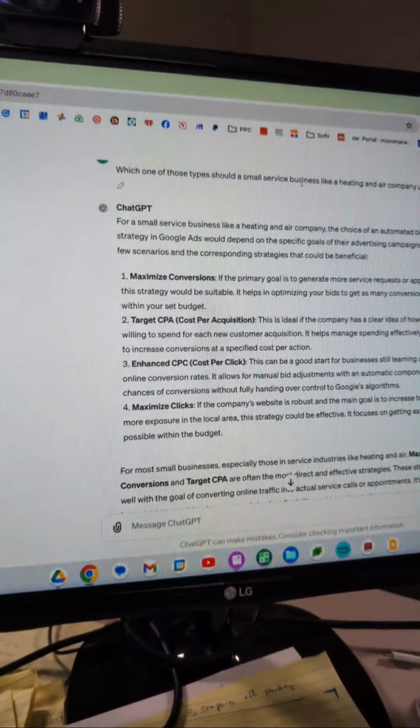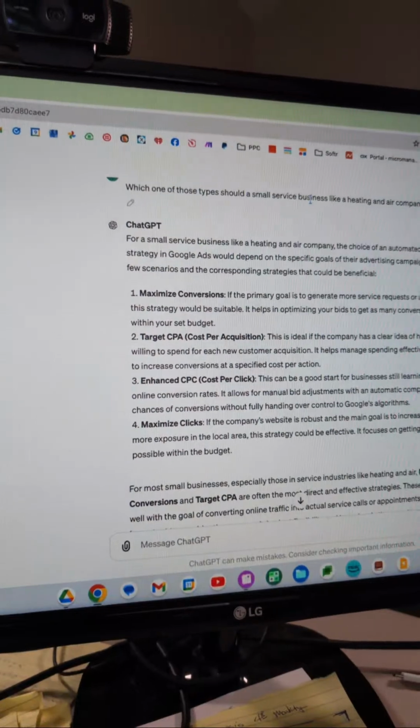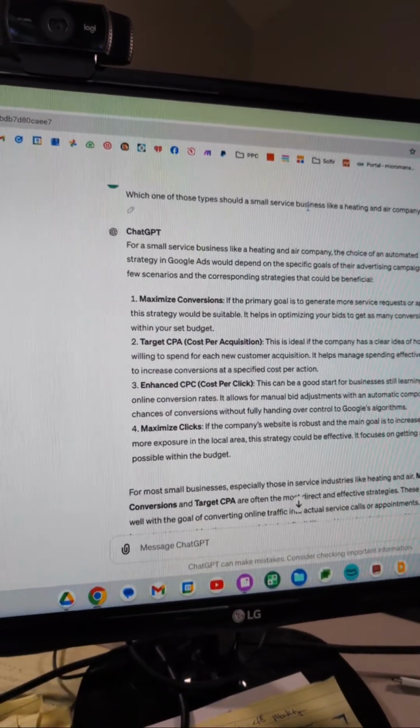So, what I was going to show you now is I asked for the definition of the bidding strategies that a small business should use. I'll share them with you for just a second. I hate reading off the computer, but this does kind of pinpoint it.